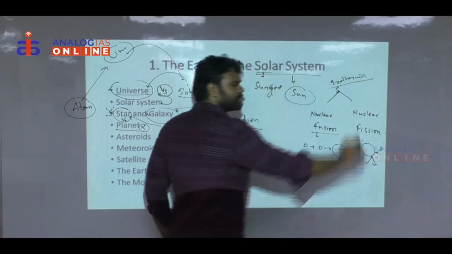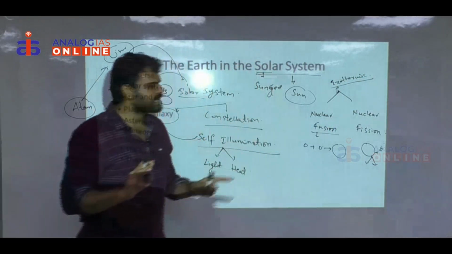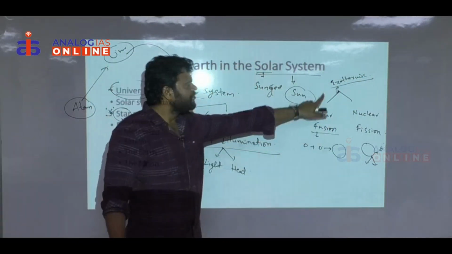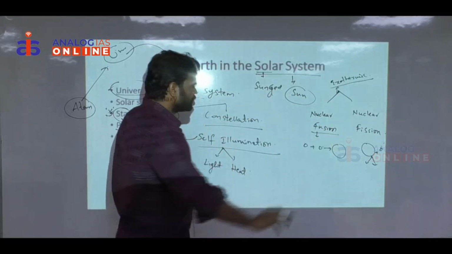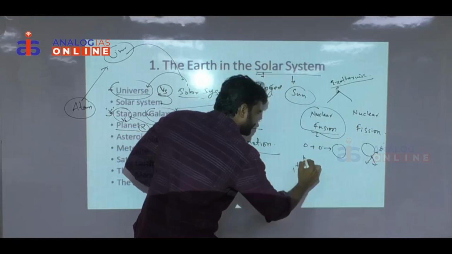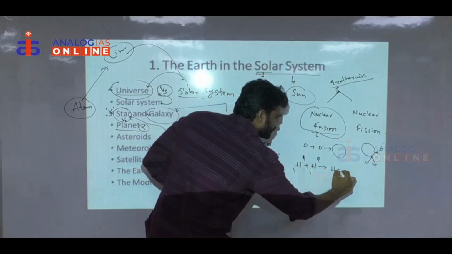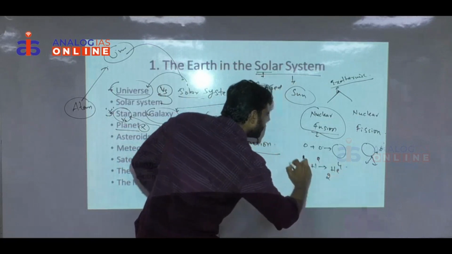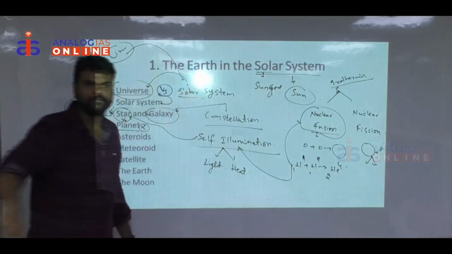What is meant by exothermic? You have endothermic and exothermic. Exothermic reaction is the reaction wherein heat gets released once the reaction takes place. So nuclear fusion reaction is, very, very important one, hydrogen plus hydrogen gives rise to helium. This is the nuclear fusion reaction and this is responsible for the so-called self-illumination.